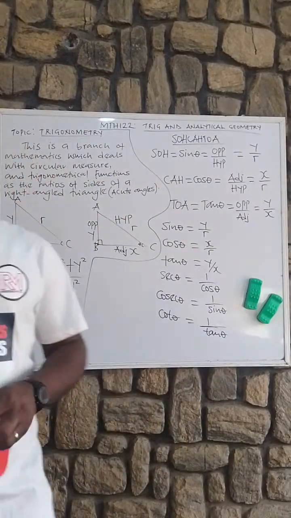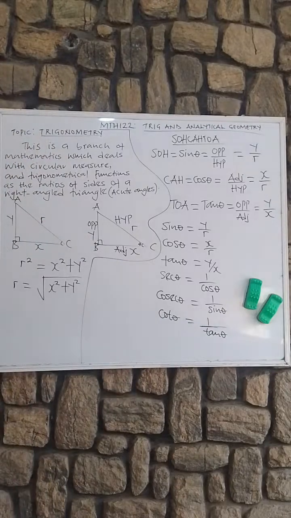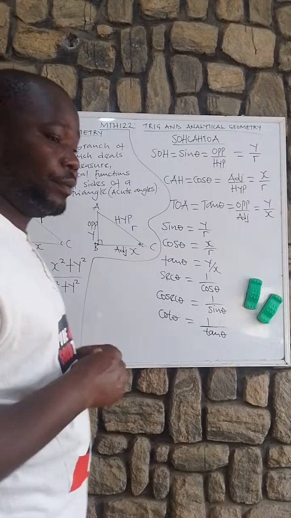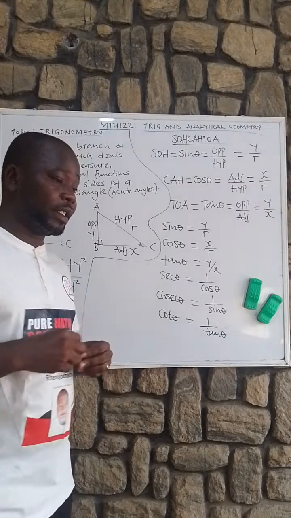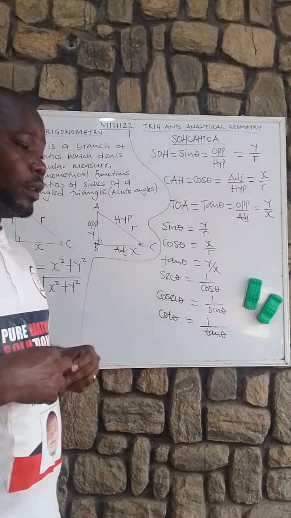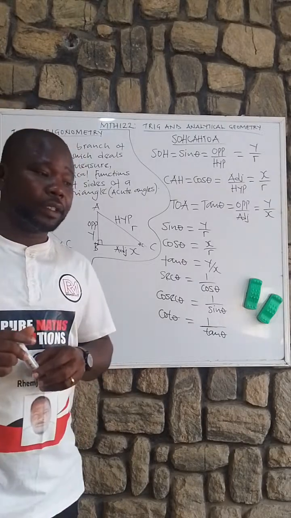Take note, these things are very necessary and very important because we want to prove some identities now. So they are always important. Is that clear? Are you following? Do you understand?